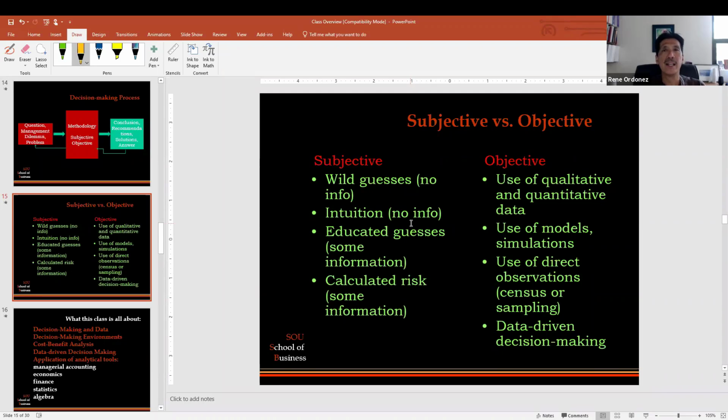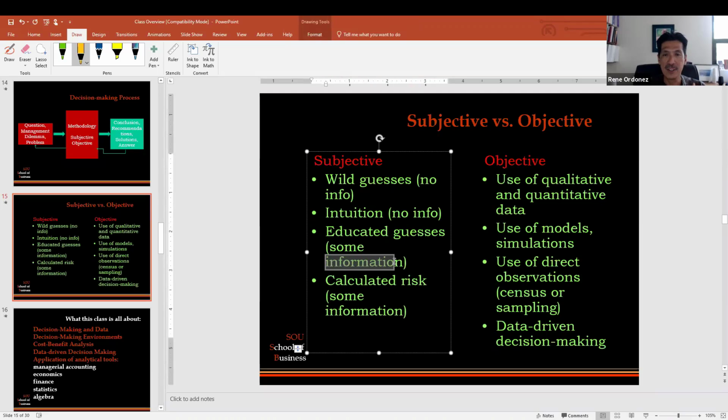Obviously, when you are making decisions, whether personal decisions or business decisions, we would want to have information, okay? As much as possible, perfect information. So if you have perfect information, then you are dealing with an environment of certainty, okay?